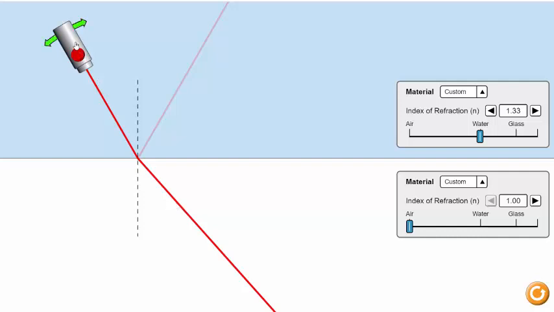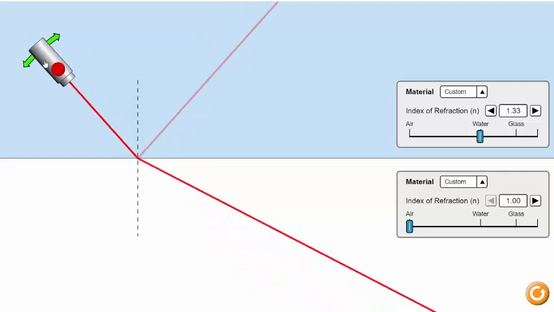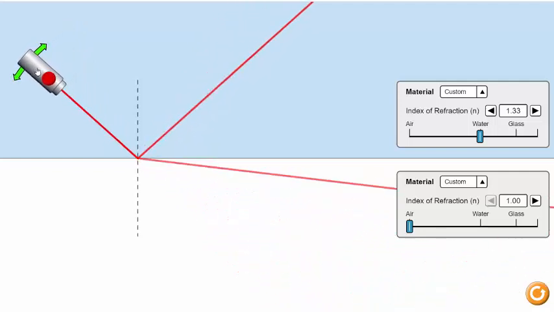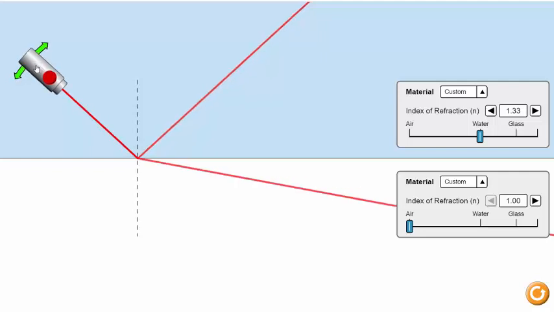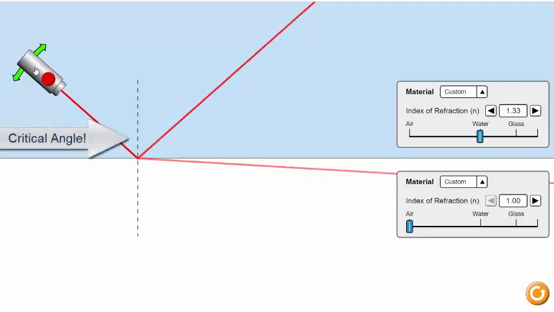And before, we could move our laser anywhere around in the air, and it would always get into the water. But we're going to find a special circumstance here. The greater our angle becomes, something special happens about right here. This is when our angle of incidence becomes a very special angle. I remind everyone in class to be sure to remember that there's a very special angle, and its name is called the critical angle.